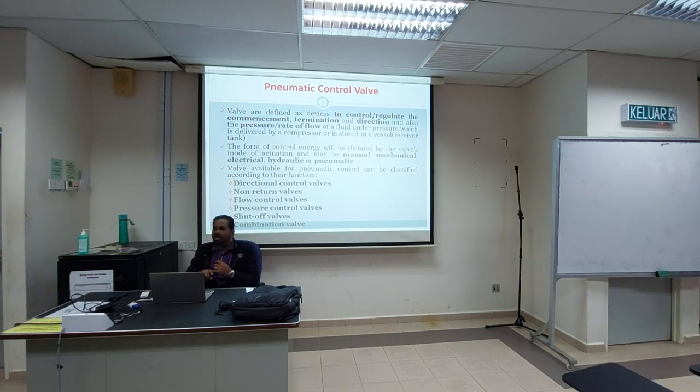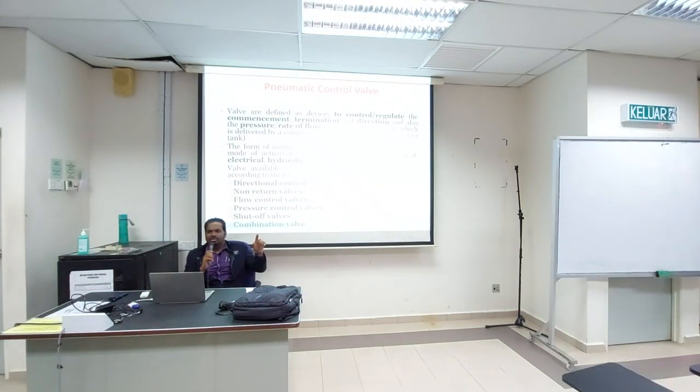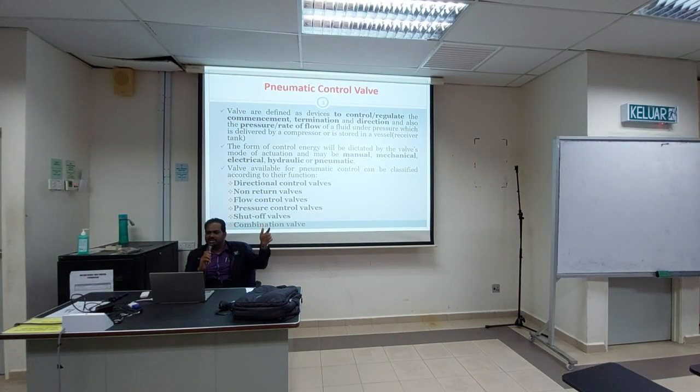If in your circuit you want to introduce a time delay, let's say you press your push button and you only want the circuit to start after 5 seconds, you can use a combination of a few valves to provide a 5 second or 10 second delay. In the exam there will also be such questions. We will give a situation where we want you to start the circuit only after 5 seconds, or after doing something you wait for 20 seconds. So you need to introduce this combination valve.